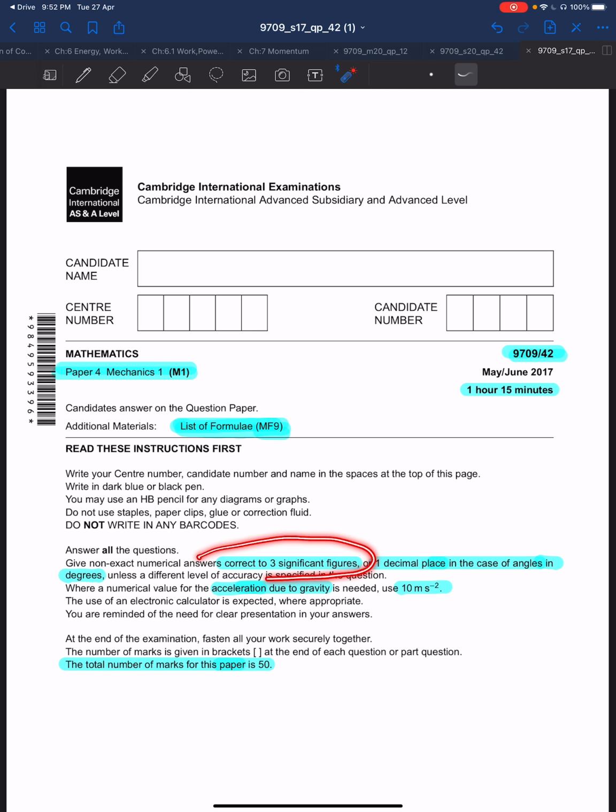If it is an angle in degrees, you have to provide your answer to one decimal place. For acceleration due to gravity, you have to use 10 meters per second squared. You can use an electronic calculator.